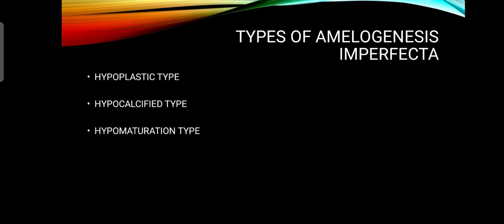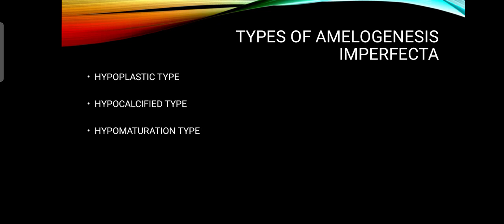Now, number one type of amelogenesis imperfecta is the hypoplastic type, which can be focal or generalized, affecting all the teeth or some teeth. It exhibits decreased enamel matrix formation caused by the disturbance in the functioning of the ameloblast.